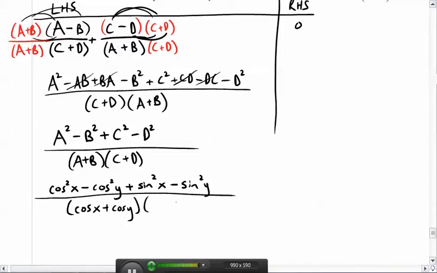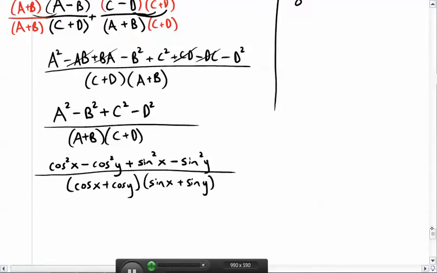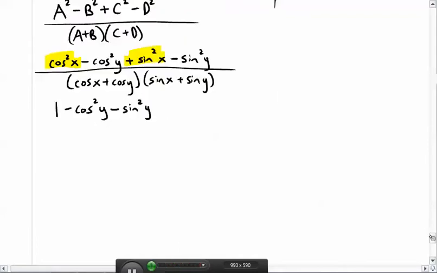You want to be able to cancel common factors if you find any. So I'll just put these cosines and sines back again. Now I recognize that I have cosine squared plus sine squared. Cos squared plus sine squared is 1. And now I'm left with 1 minus cos squared y minus sine squared y. And my denominator stays the same.